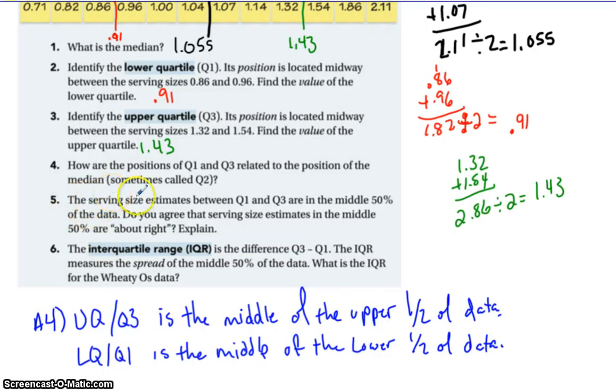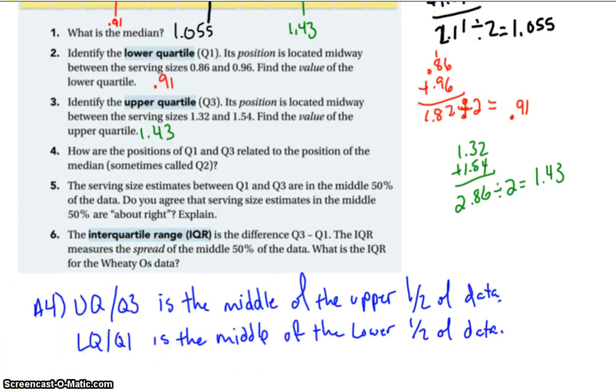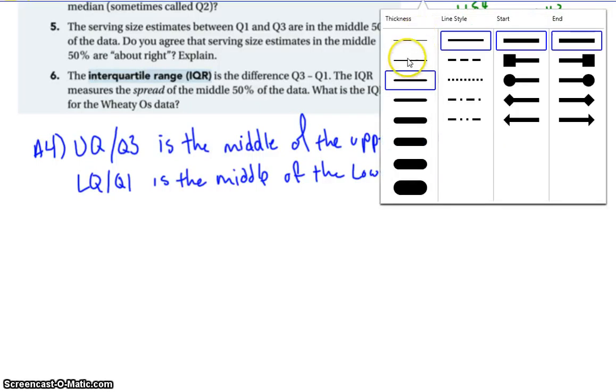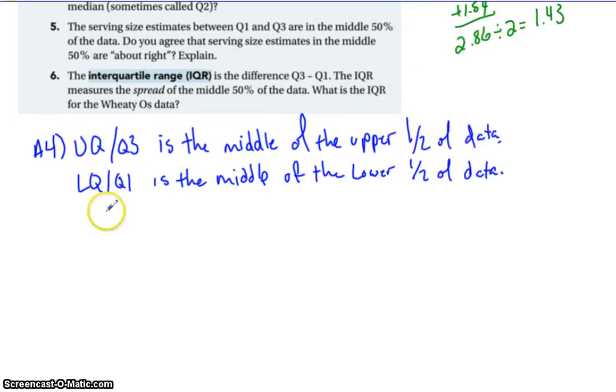A5 says that the serving size estimates between Q1 and Q3 are in the middle 50% of the data. Do you agree that serving size estimates in the middle 50% are about right? Explain. Well, this is pretty easily done. If we have the middle 50%, what that means is that half of the information comes between the upper and lower quartile.